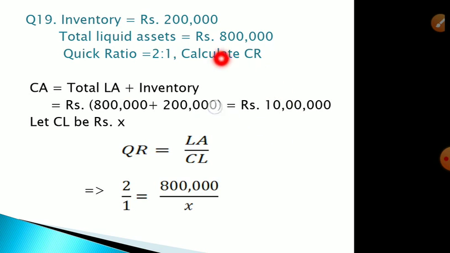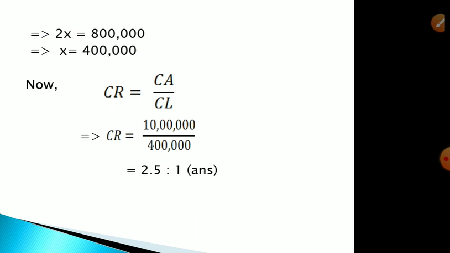Now quick ratio is given. So let us take the formula of quick ratio, which is liquid assets divided by current liability. We don't know the amount of current liability, for which we have taken the current liability to be X. Now putting it in the formula, 2:1 equals 8 lakh divided by X. From this we'll get the value of liability to be 4 lakh.